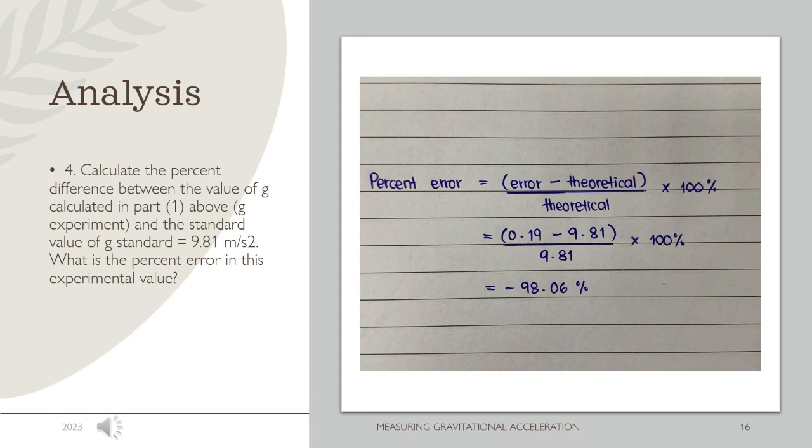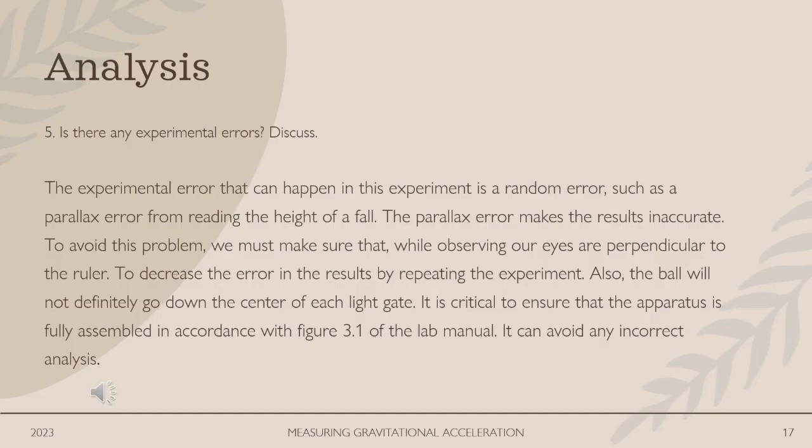The formula is percent error equals experimental minus theoretical over theoretical, times 100%. And the result that we got is negative 98.06%.